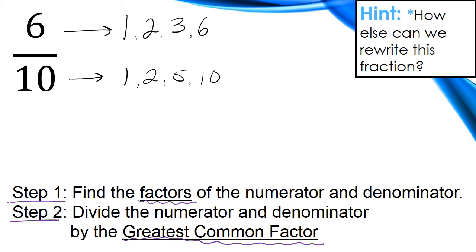And step 2 now is we're going to pick the greatest common factor here for 6 and 10. So the greatest common factor they share in common is 2. So what that means now is we're going to divide our fraction 6/10. We're going to divide the top and the bottom by the greatest common factor of 2.